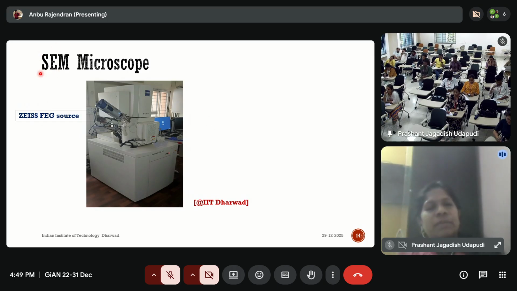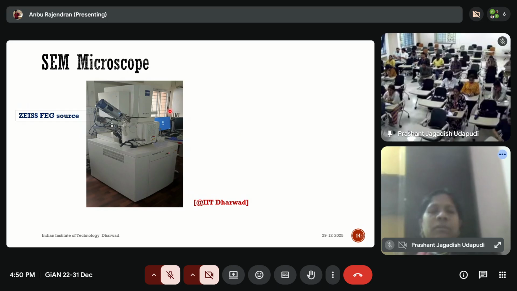So yes, SEM fulfills that need to look at features at a higher magnification. SEM can magnify the samples up to 5 lakhs also. Standard SEMs are available which can magnify up to 2 lakhs without compromising resolution.